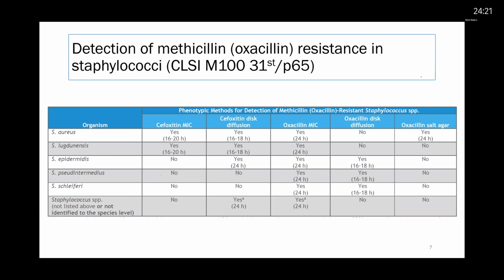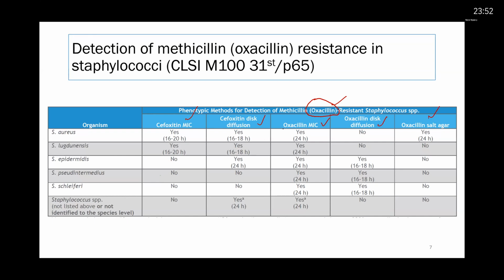Now we'll discuss it in a bit more detail. Oxacillin resistance, or resistance to beta lactams, primarily the penicillinase resistant penicillins, can be detected by 5 different methods: cefoxitin based methods, that is cefoxitin MIC and disc diffusion, and oxacillin based methods, oxacillin MIC, disc diffusion, and screen agar.